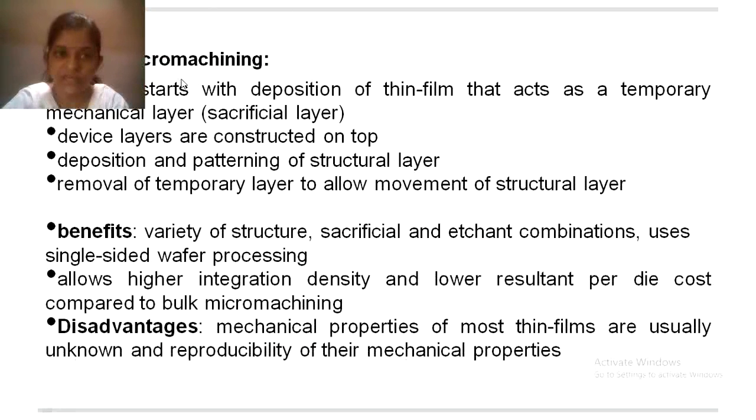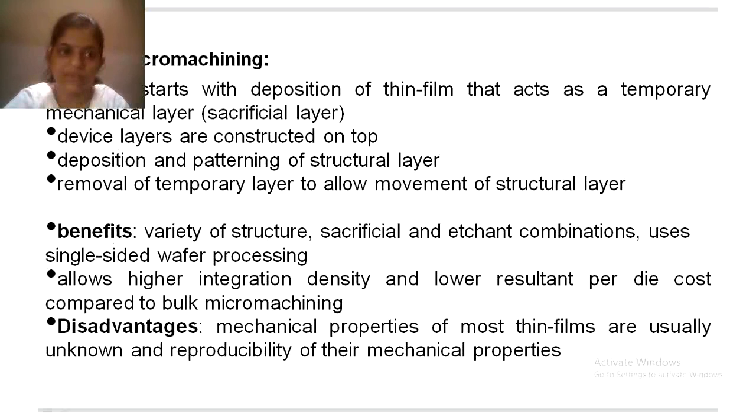Then in surface micromachining, the process starts with the deposition of a thin film that acts as a temporary mechanical layer. That is also known as the sacrificial layer. Device layers are constructed on top, then deposition and patterning of the structural layer, and then removal of the temporary layer to allow movement of the structural layer.